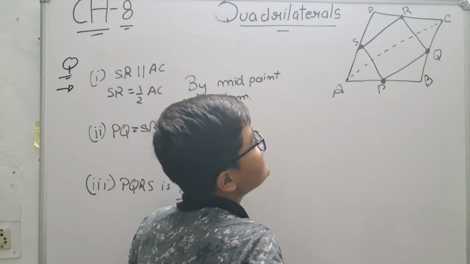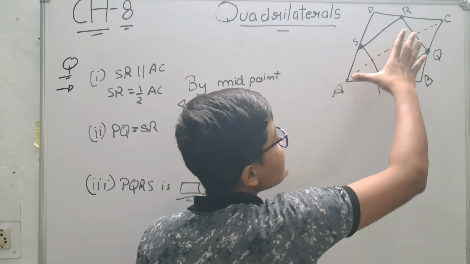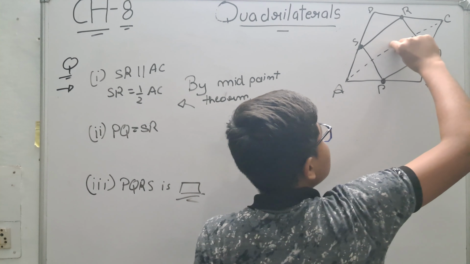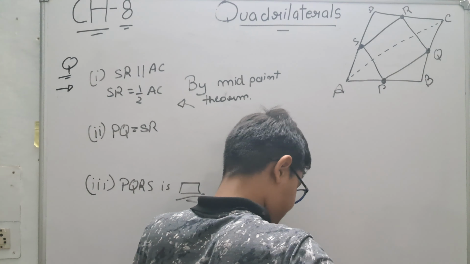So A and C are the main diagonals of this quadrilateral, S is the midpoint of AD and R is the midpoint of CD. So they have taken only this triangle. Don't remember the other triangle, only remember this triangle.